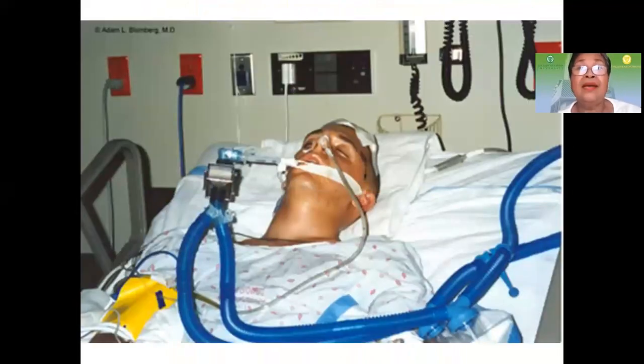Okay, so we have here a client with endotracheal tube connected to the respirator. Nurse, tapos si patient has the NGT. Okay, may dressing dito. So probably a patient has conditions na there is severe respiratory difficulty, kaya kailangan natin ng artificial airway. Anyway, endotracheal tube.